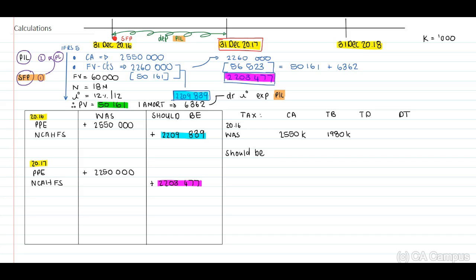Therefore, our temporary difference, 570,000. Deferred tax asset or liability, guys. The asset's carrying amount exceeds the tax base, therefore deferred tax liability, 159,600.